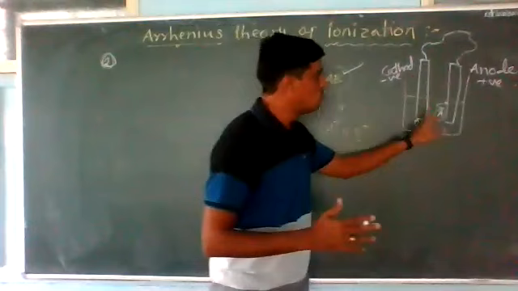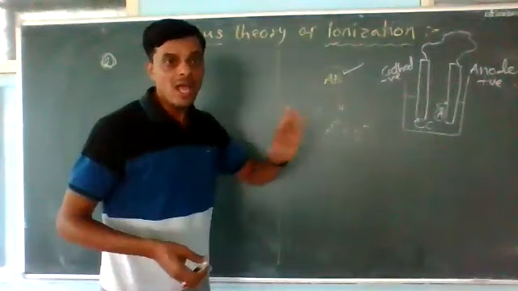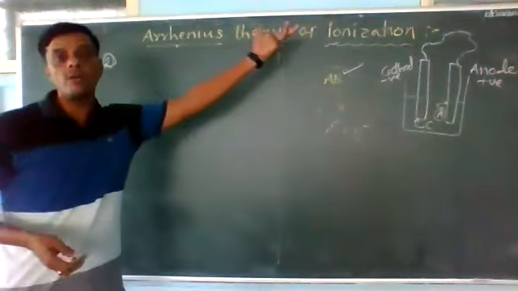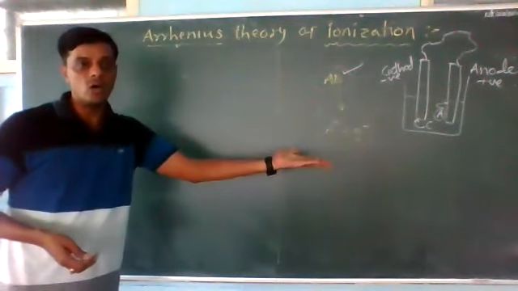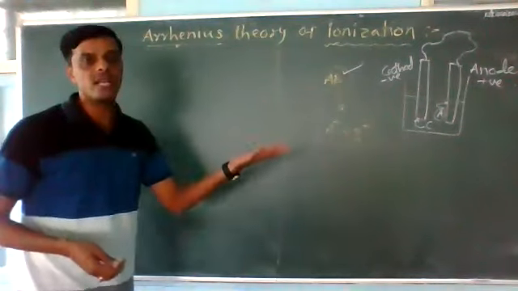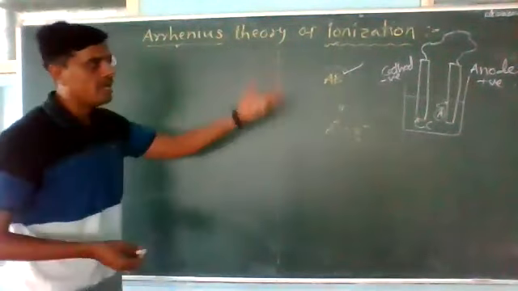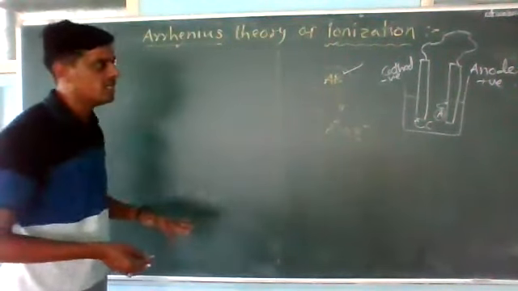This movement of charged particles towards the respective electrode explains the conductivity of electrolytes as well as the phenomenon of electrolysis. I think this third point we have also discussed in the process of electrolysis, how the electrolysis process is carried out in an electrolytic cell. That part was already discussed in detail.